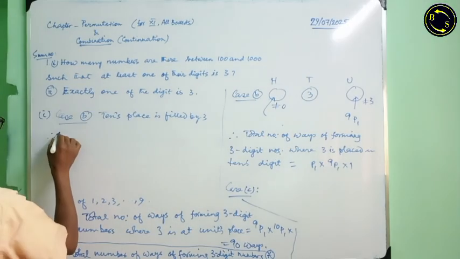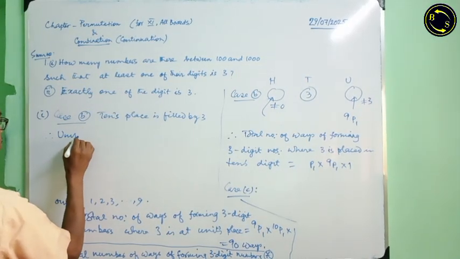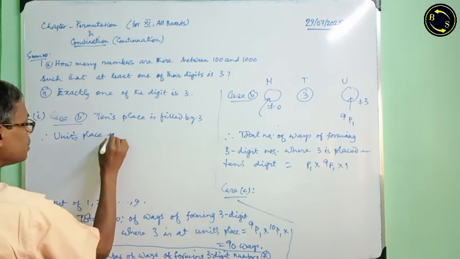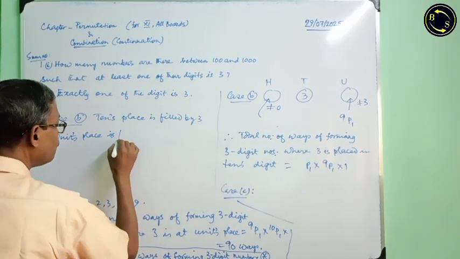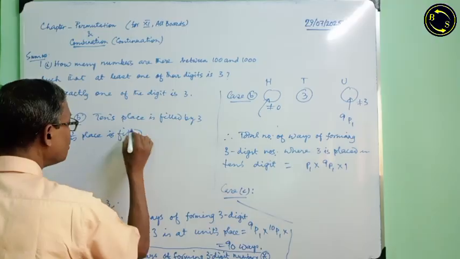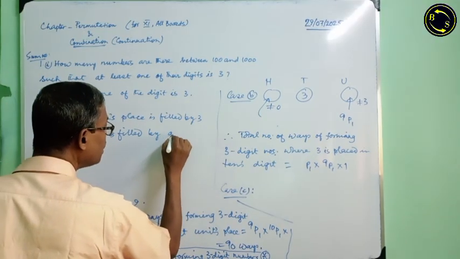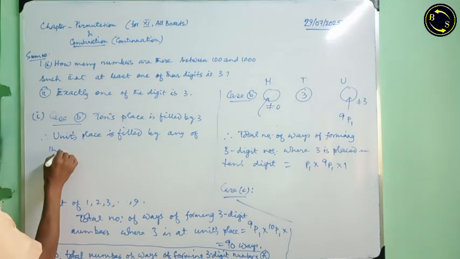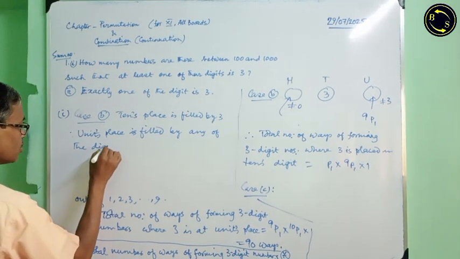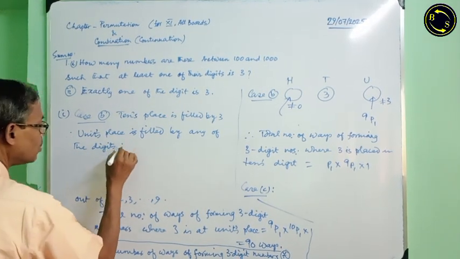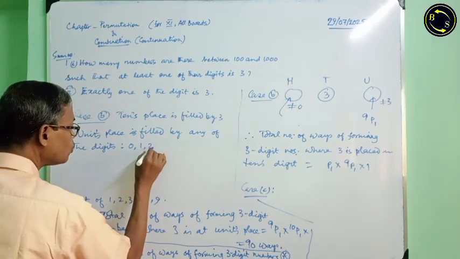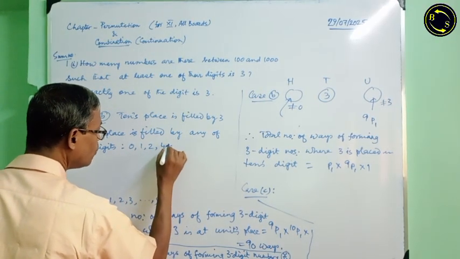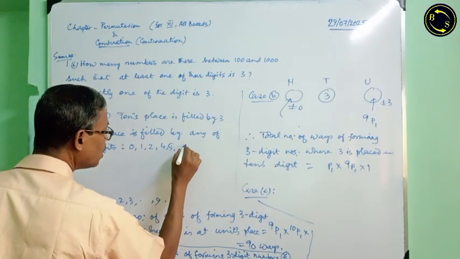Therefore, units place is filled by any of the digits 0, 1, 2, 4, 5, 9.